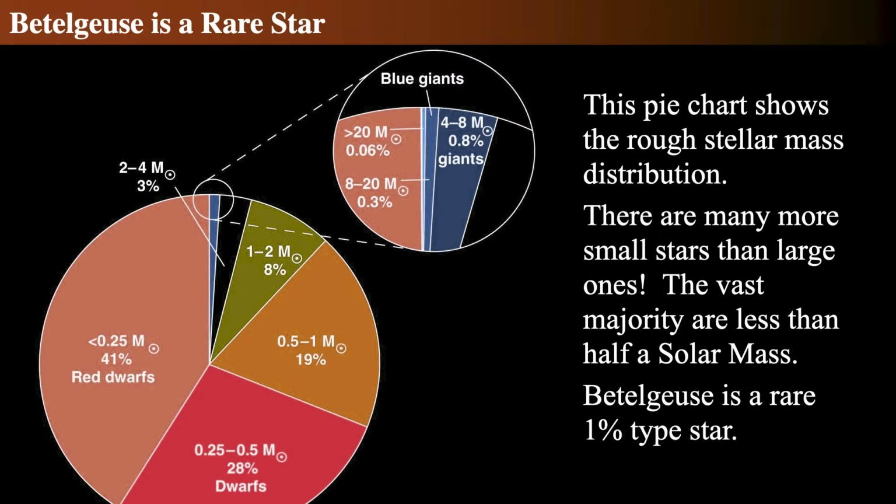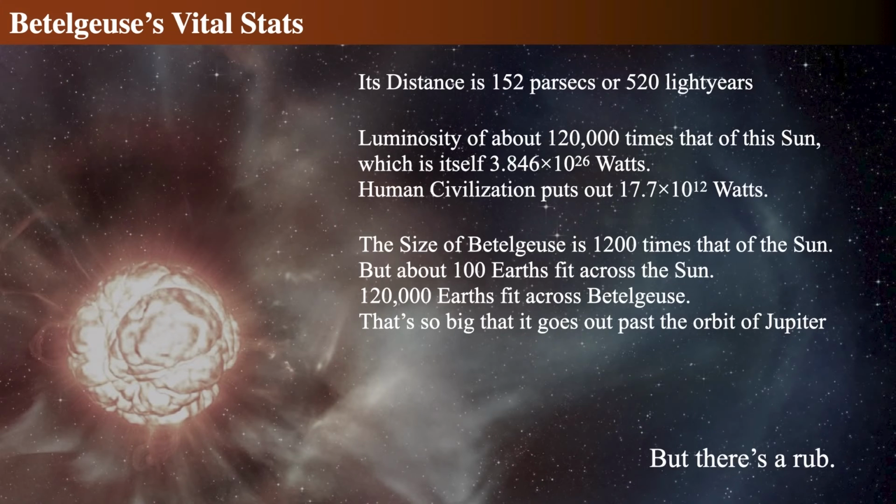Now, Betelgeuse is about 152 parsecs away, or about 500 light years, and the luminosity is about 120 times that of the Sun. So it's extraordinarily luminous. And this is a really fun statistic: the absolute wattage is about 4 times 10 to the 26th watts. And if you compare that to what human civilization puts out, which is about 17 terawatts, we're nothing compared to the luminosity of Betelgeuse.